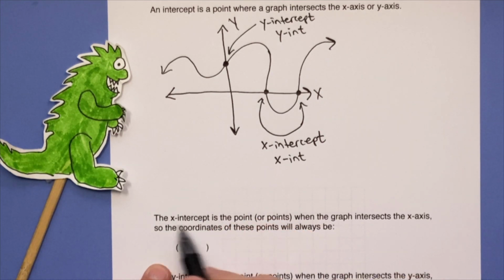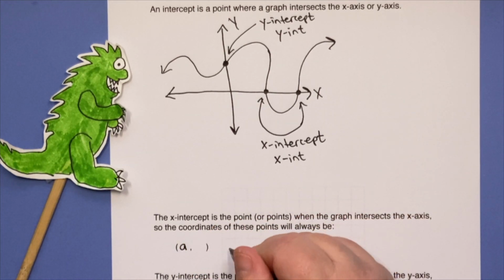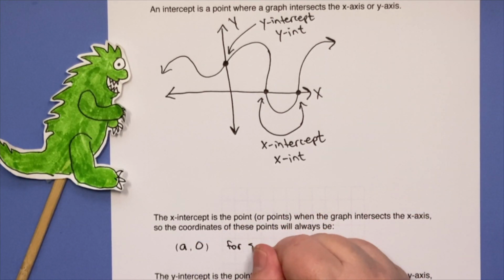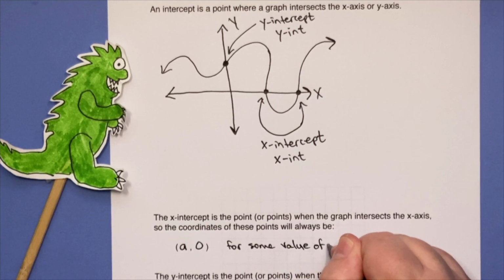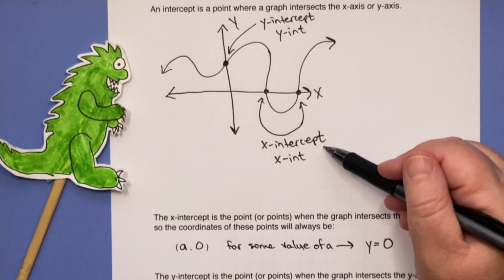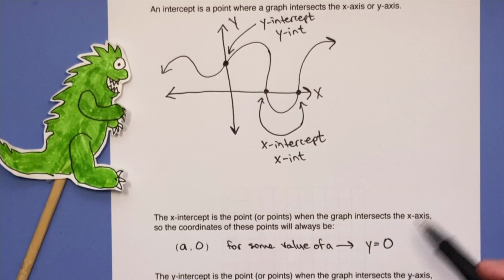And so these will always have coordinates of a, 0, for some real number a. So y equals 0. A lot of people think of this as being kind of reversed, because when we're talking about an x-intercept, it is on the x-axis, and so y is the one that's 0.